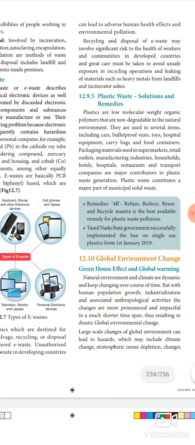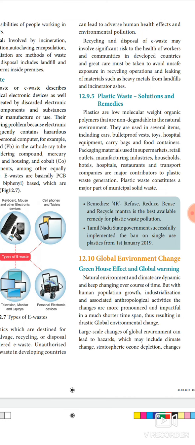Then the Tamil Nadu state government successfully implemented the ban on single-use plastic from 1st January 2019, but it cannot be fully implemented. We also use some plastic items in our home, schools, and outside places, isn't it? Yes. So plastic wastes have low molecular weight. They cannot be degraded in a natural environment.